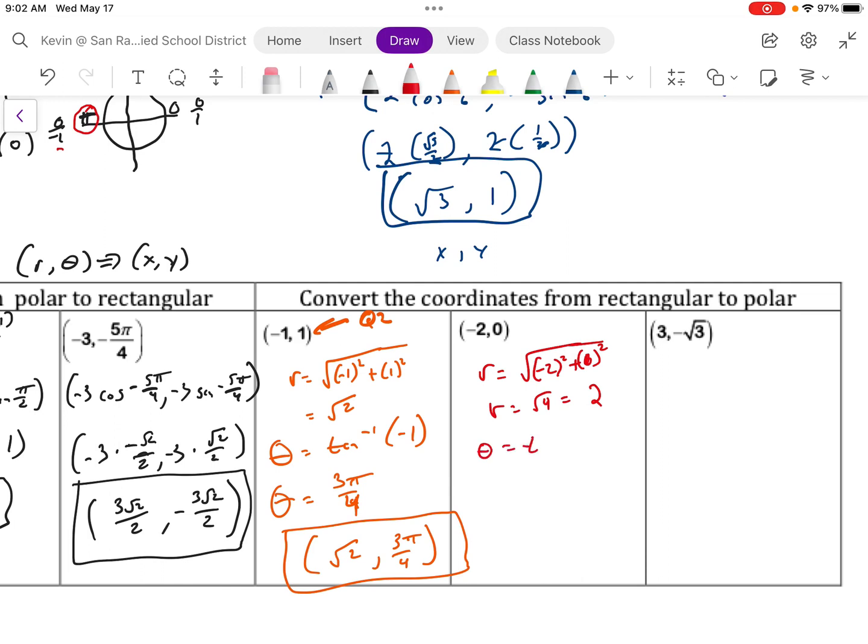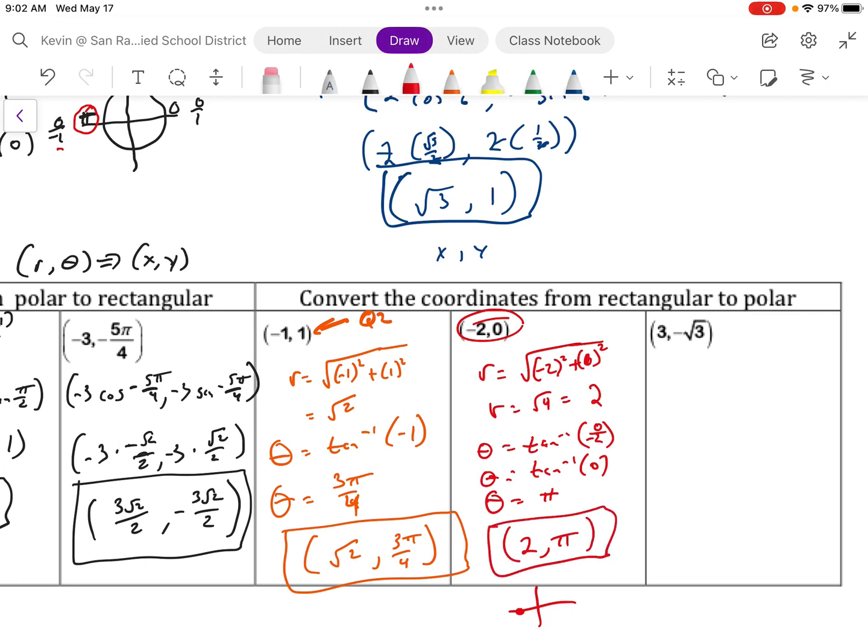And theta equals arctan of 0 over -2, so that would be arctan of 0. Again, we think about if we graph that on a coordinate plane, that would be -2, 0. So theta is pi. There would be our polar coordinate.